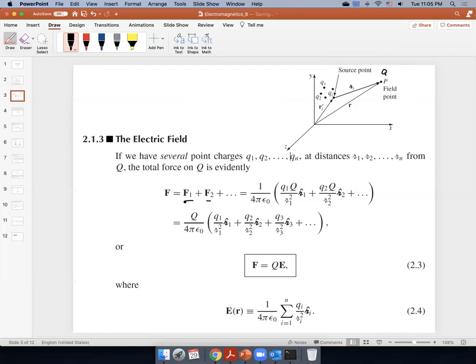Of course, it's a vector sum. For F1, it's 1 over 4 pi epsilon Q1 Q over R1 squared in the direction of R1 hat.